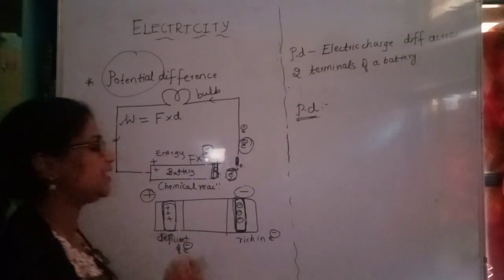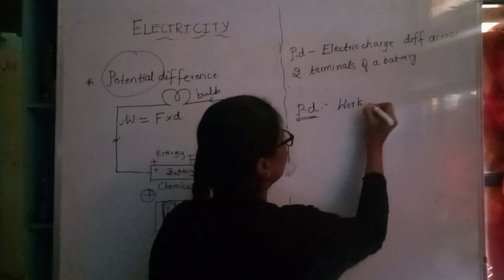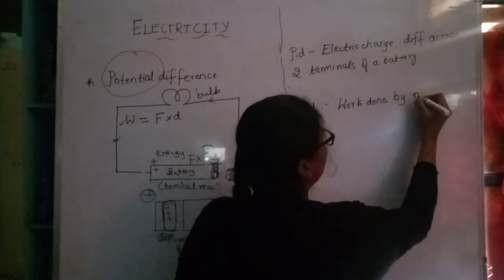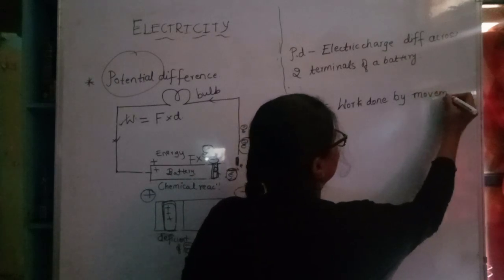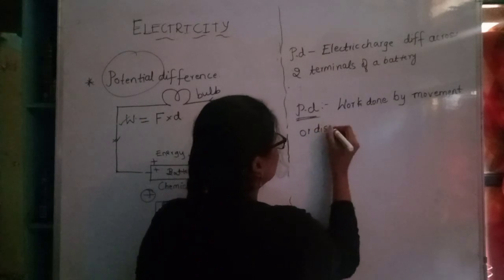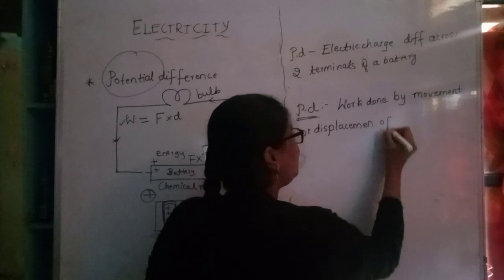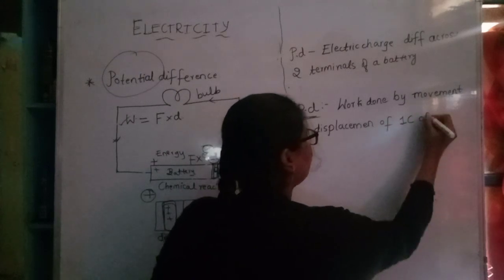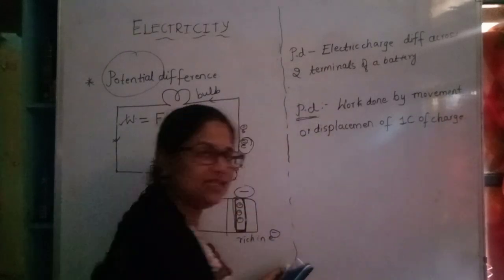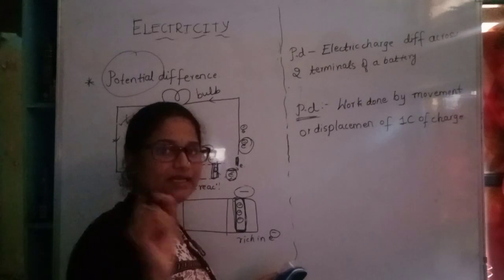So according to our textbook, the potential difference can be written as work done by movement or displacement of 1 coulomb of charge. So how many electrons does 1 coulomb of charge contain? 6.25 into 10 raised to 18 electrons.